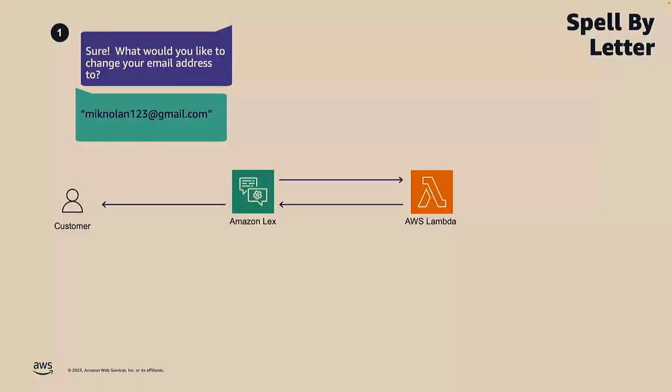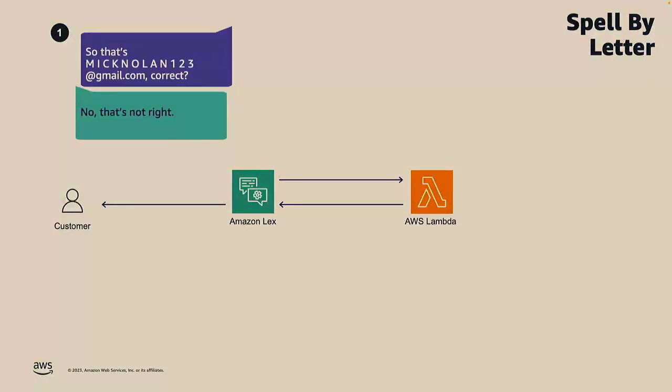And again, we say micknolan123@gmail.com. And the bot responds back and spells it out for us. So if that's micknolan123@gmail.com, correct? No, that's not right.